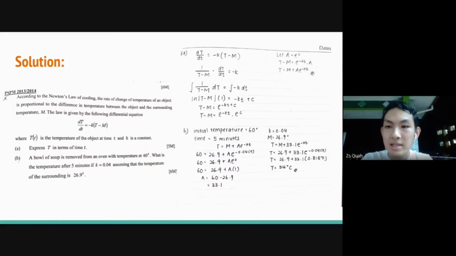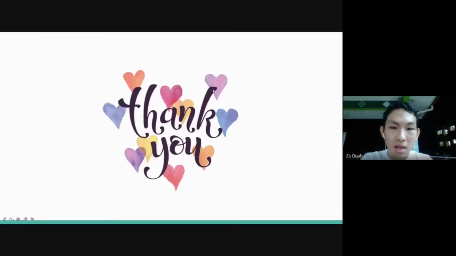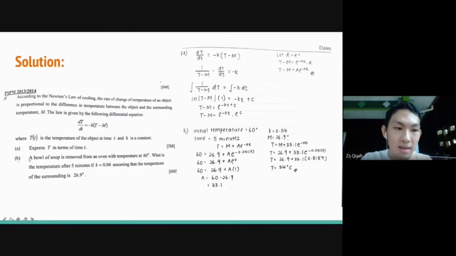Since e power C is a constant, we will let A equal e power C, and insert it into our equation, and we will get T minus M equals e power negative K multiplied by T multiplied by A. We will move M to the right hand side so that T is the subject at the left hand side. So we will get T equals M plus A e power negative KT, and this is our answer for A.